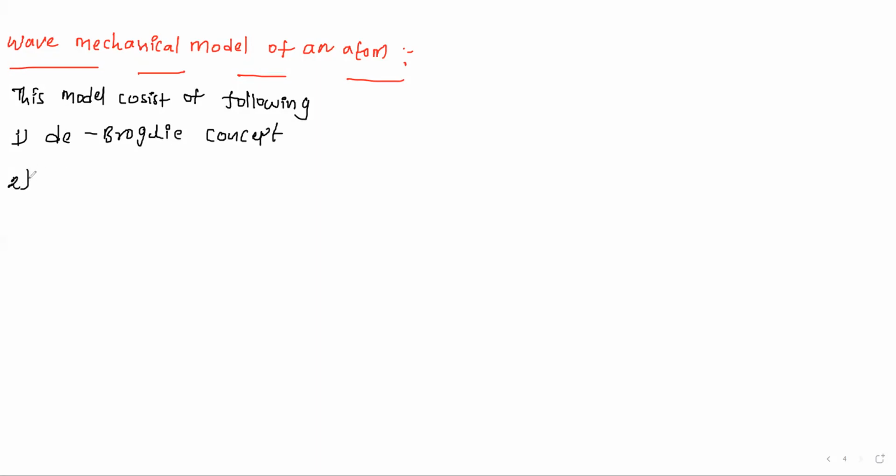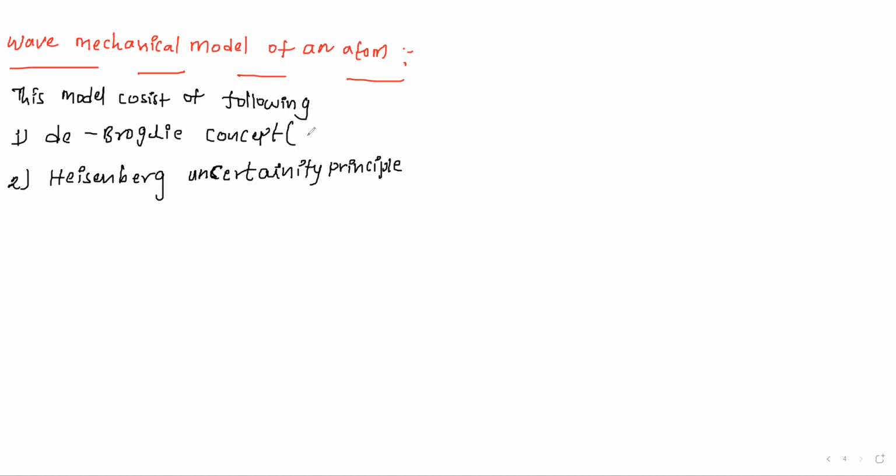And the second one is the Heisenberg uncertainty principle.